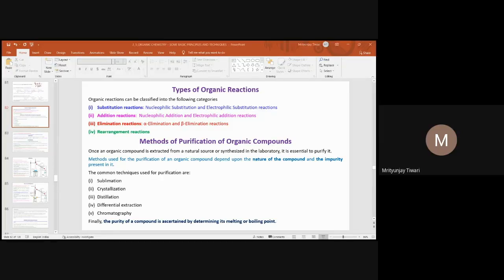This compound will be evaporated and form vapors, and vapors of water in the form of steam will also be there. The vapor mixture, which contains vapor of the organic compound as well as vapors of water, means the steam, will be collected.